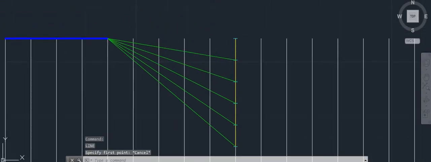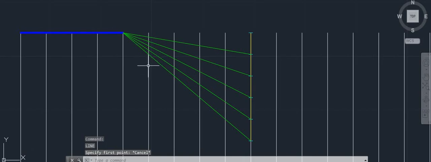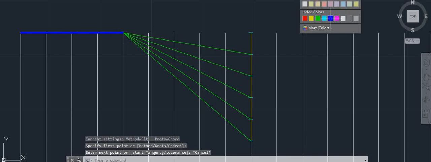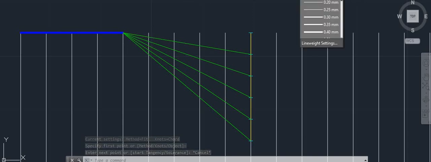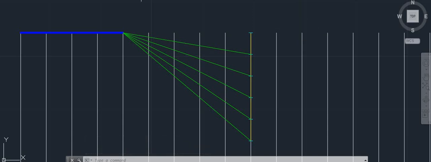Then we connect the intersection of the vertical lines with the green lines. This one, we color and try to make it thicker.